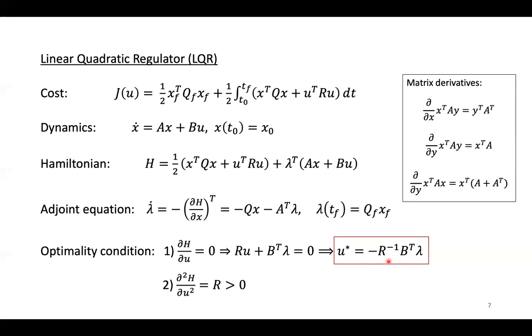Okay, I got this candidate controller, but if I want to know if this controller is indeed the minimizer that I'm looking for, then essentially take the second order derivative, and you realize that that's when you see this R coming out, and you need this R to be positive definite for the second order condition to be valid to call this controller the optimal controller or the minimizer.